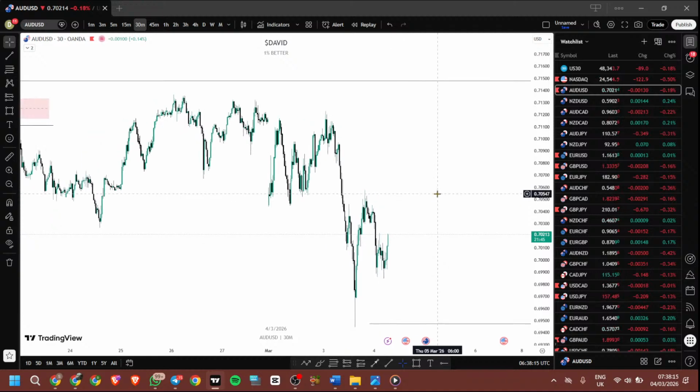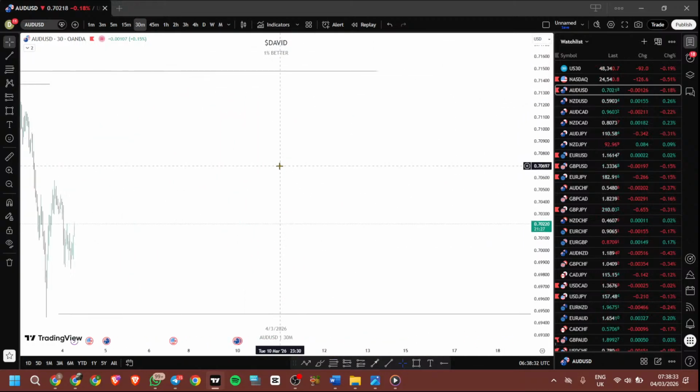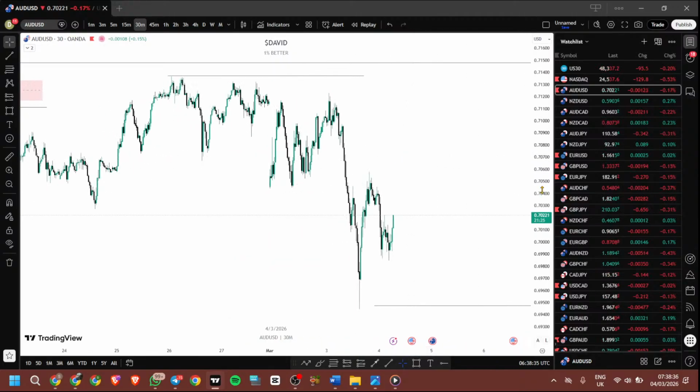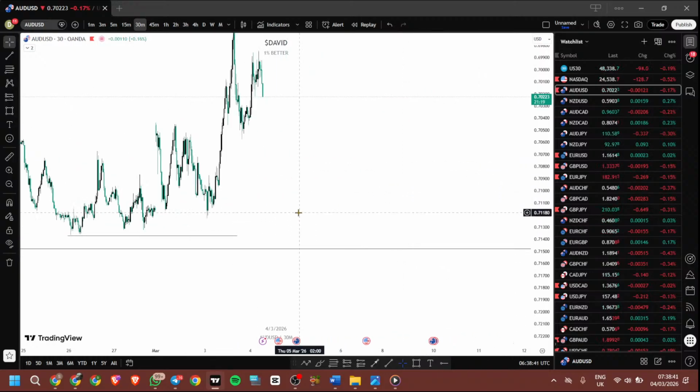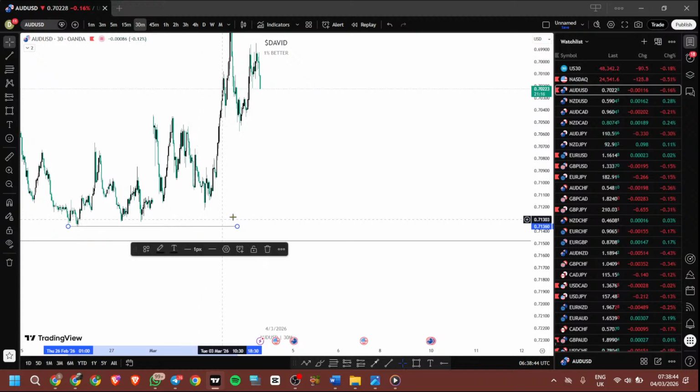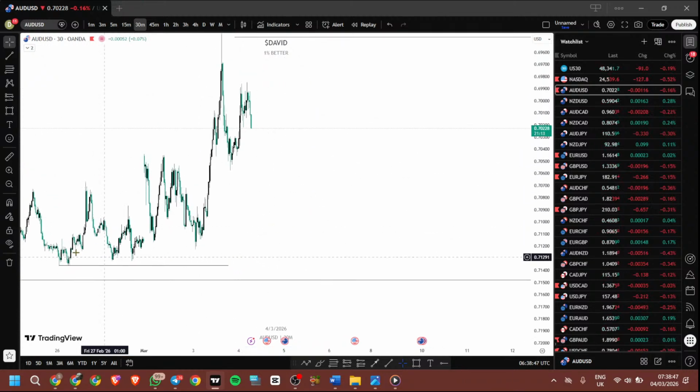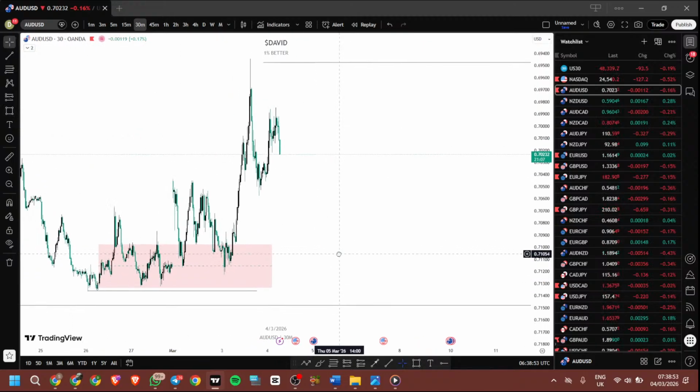So let's look for the recent happenings. So I'm just going to come here, highlight this zone, and this zone. So permit me to do this. So I'm going to consider all these zones mitigated.